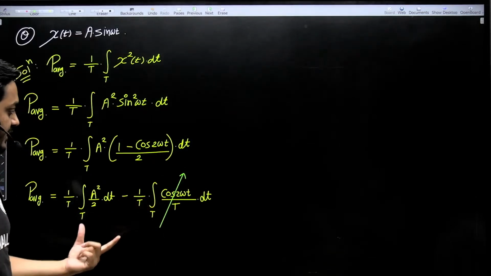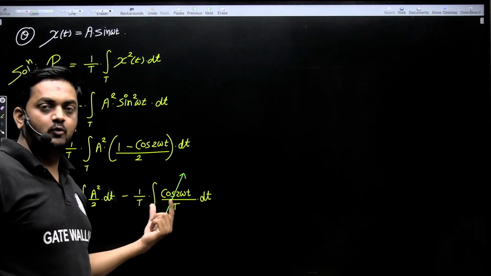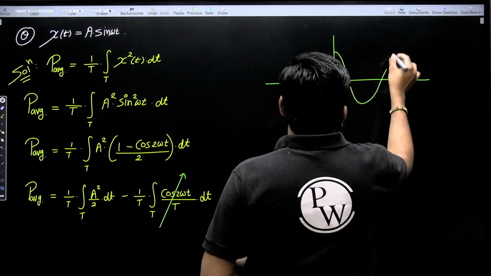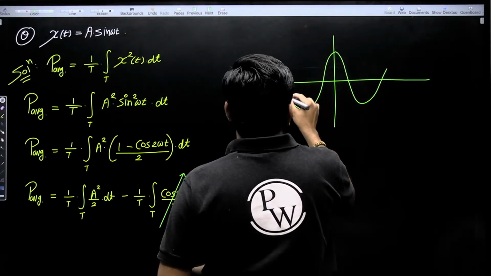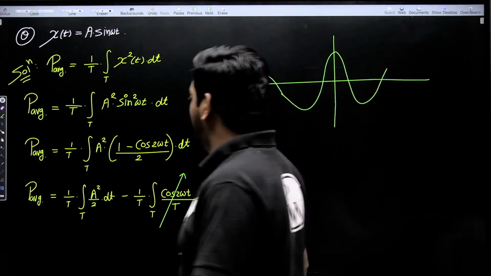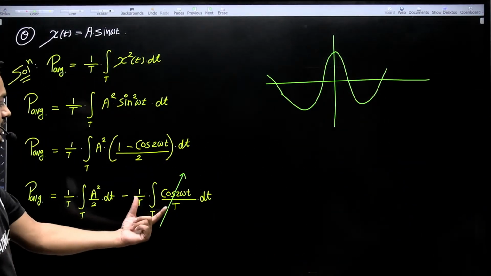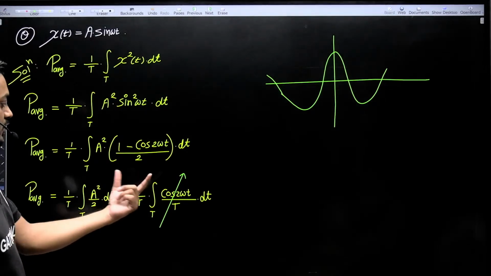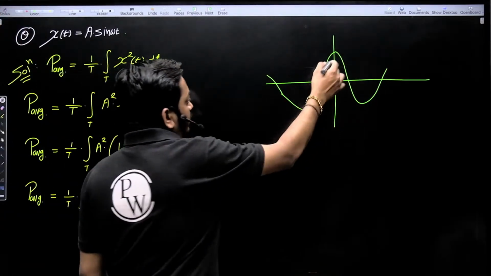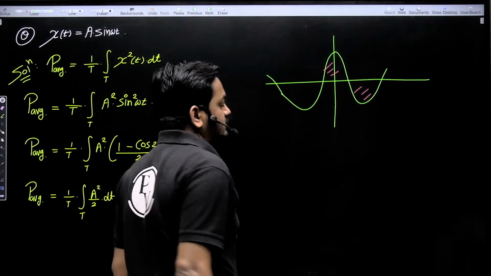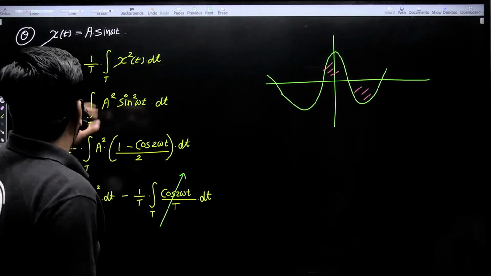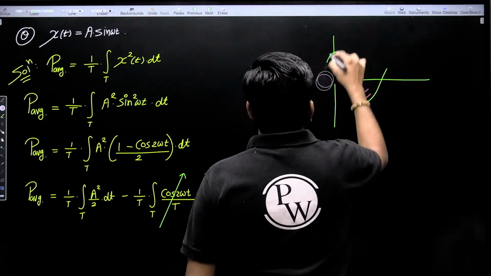This integration indicates area of cos 2 omega t over a fundamental period, whatever the frequency, correct? What is the area? It is 0, because area of the positive half cycle is equal to area of the negative half cycle. So total area becomes 0. That's why the answer of the second integral is always 0.